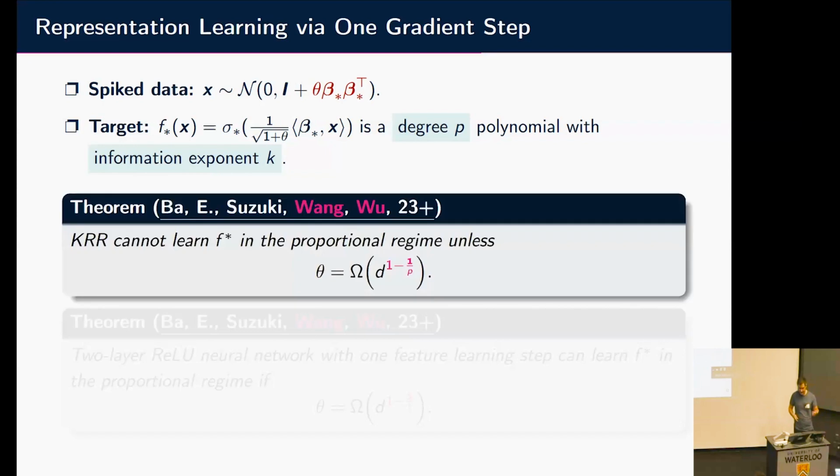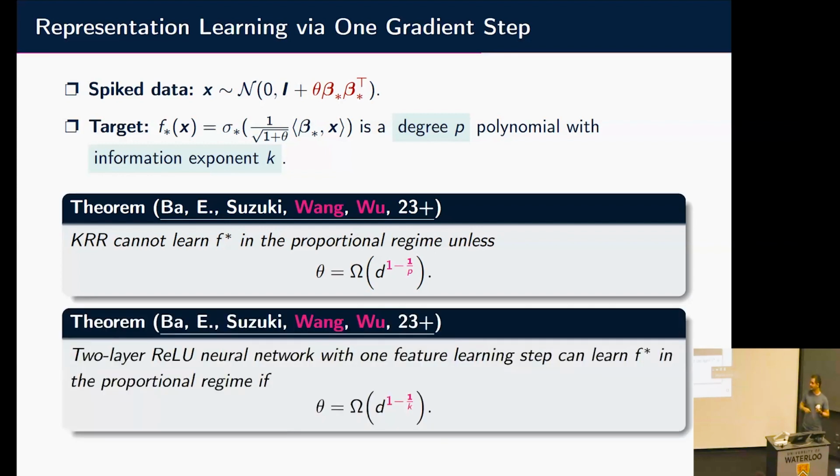The first result is a negative result on kernel ridge regression. It mimics the lower bound that we had, the kernel lower bound. Kernel ridge regression cannot learn this target in the proportional regime unless the spike magnitude is this much. Smaller than this order, kernel ridge regression will fail and not learn.